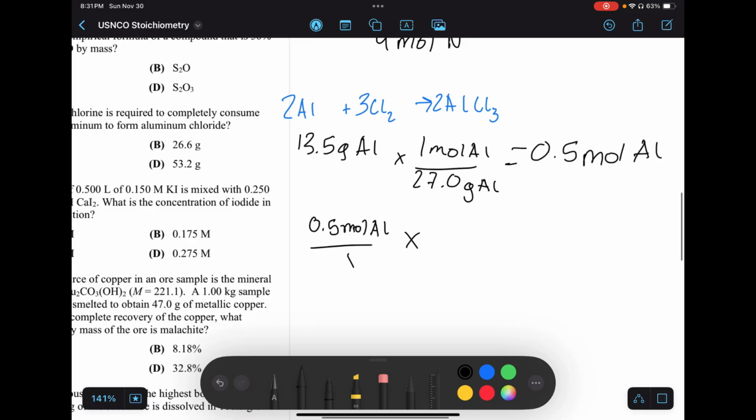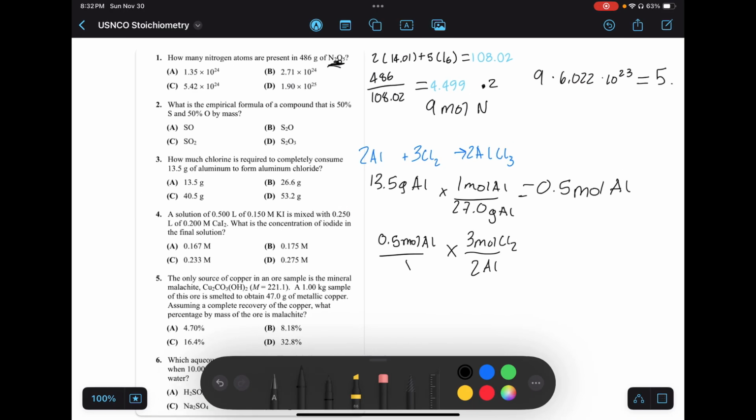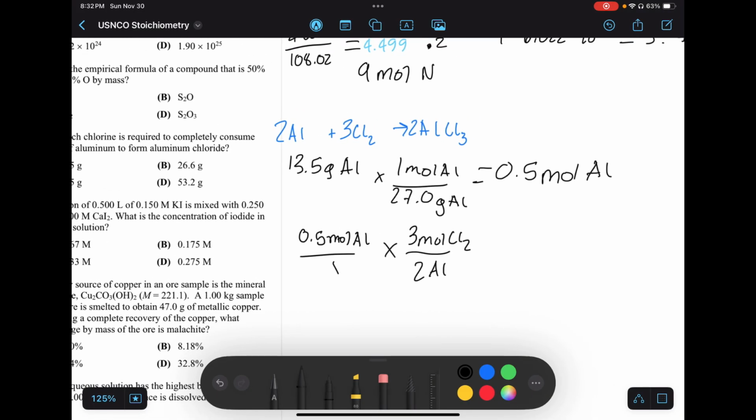The stoichiometry ratio is 2 moles of aluminum for every 3 moles of Cl2, chlorine gas. Cool. So this is going to be 1.5 divided by 2, so it's 0.75 moles of Cl2.